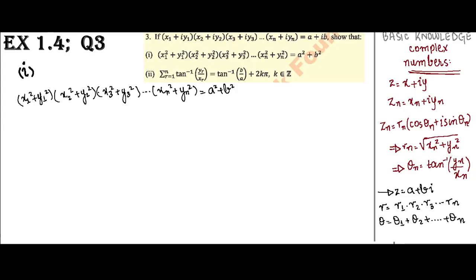So here we go, taking square root on both sides.